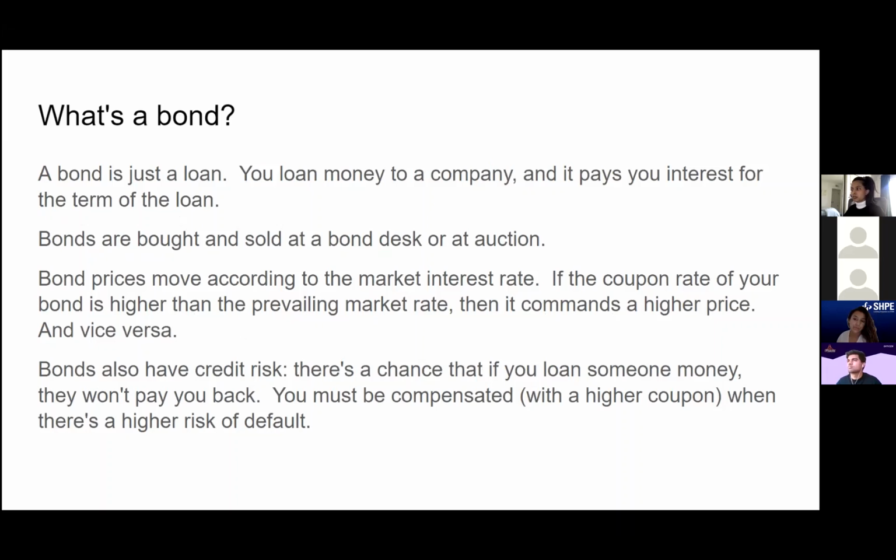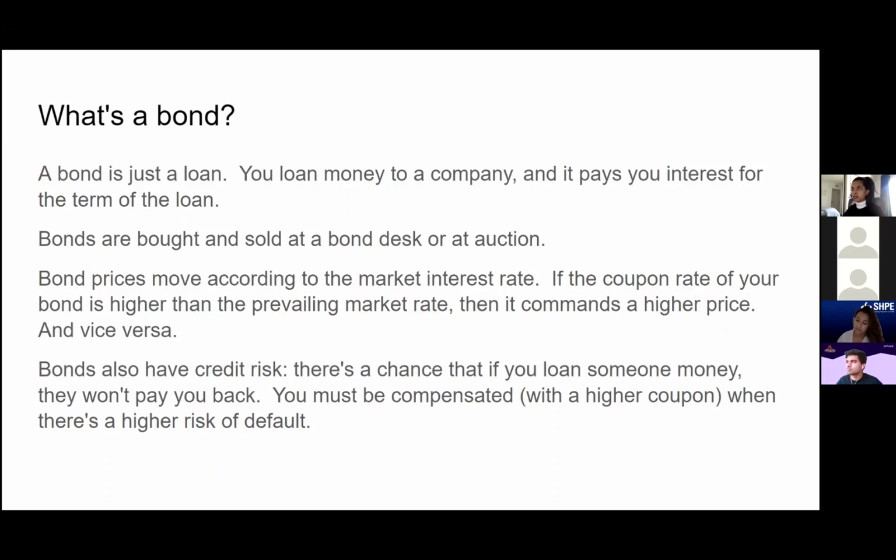So there's another asset class called a bond, and a bond is just a fancy name for a loan. You loan money to a company, and then it pays you back. Bonds are bought and sold at a bond desk, and there are also auctions.